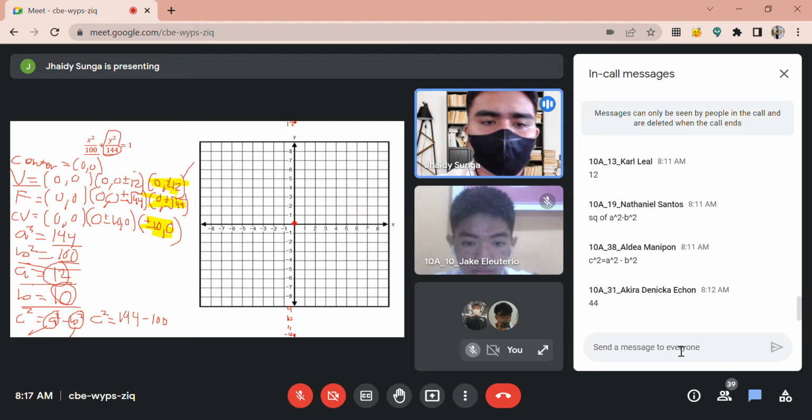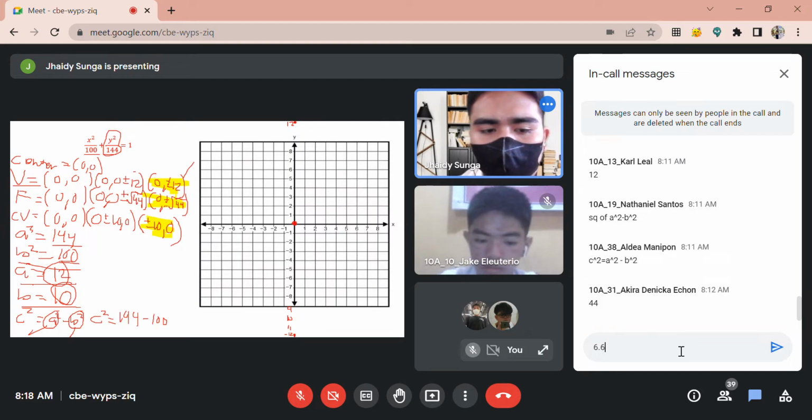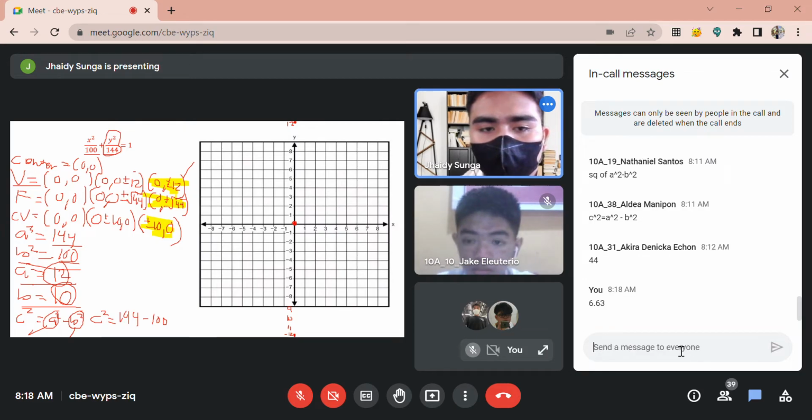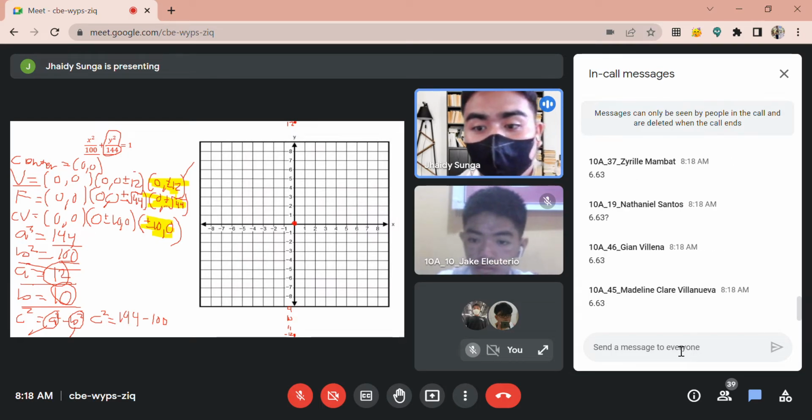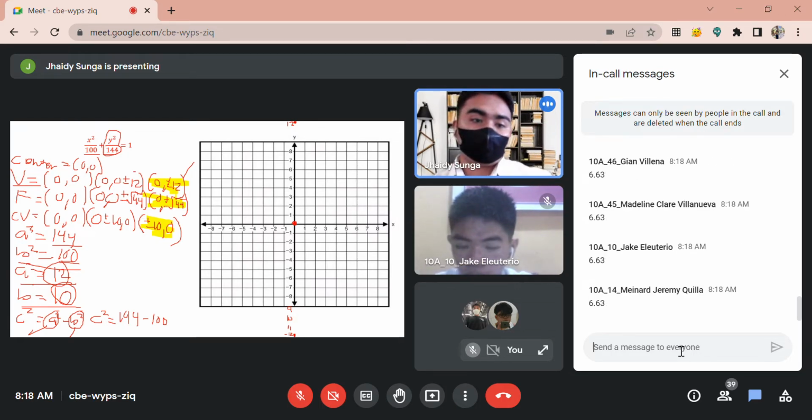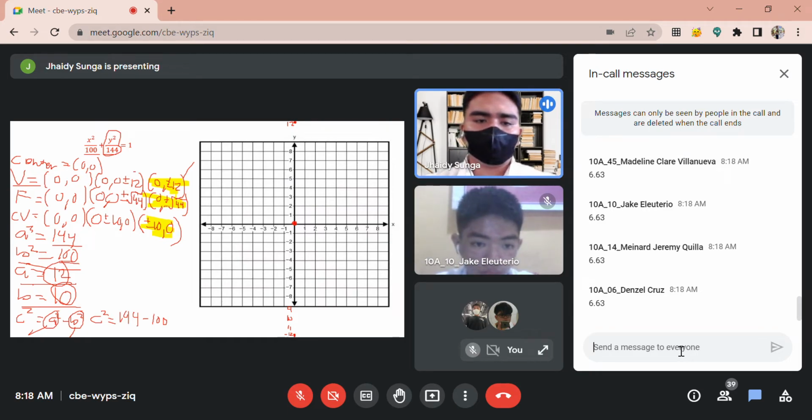Your foci are 0 and positive and negative square root of 44. What's the square root of 44? Can you find it in your calculator? It's 6.63, already rounded off. So we could simply say that your foci are 0 and positive, negative 6.63.